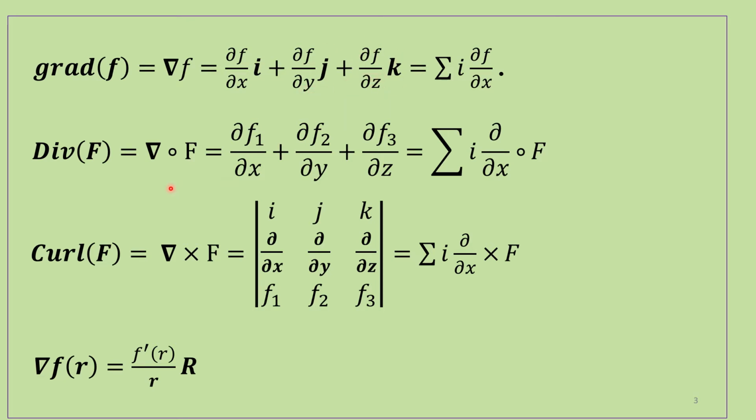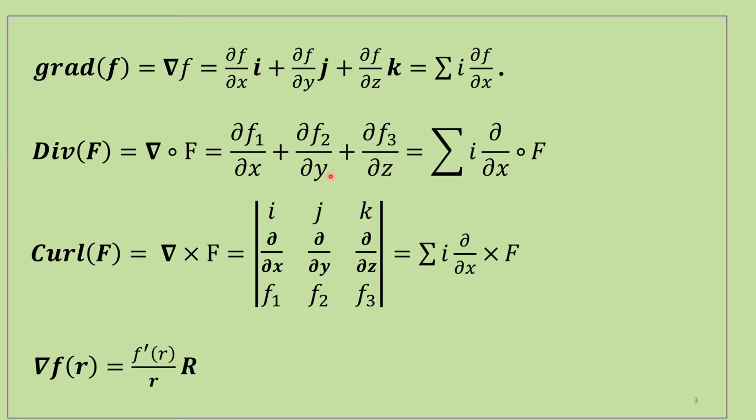In a similar way, del dot f, as of now we know, is ∂f1/∂x plus ∂f2/∂y plus ∂f3/∂z, which I can write using summation as Σ i ∂/∂x dot f. It is easy to remember: the operator del is nothing but i ∂/∂x plus j ∂/∂y plus k ∂/∂z, which in summation notation I can write as Σ i ∂/∂x dot the vector f.